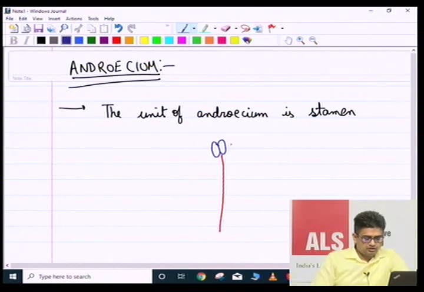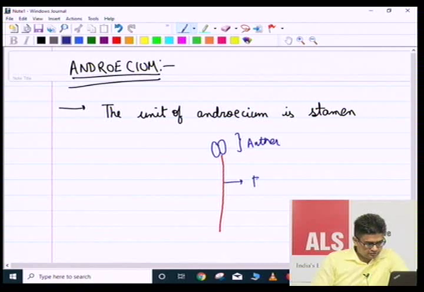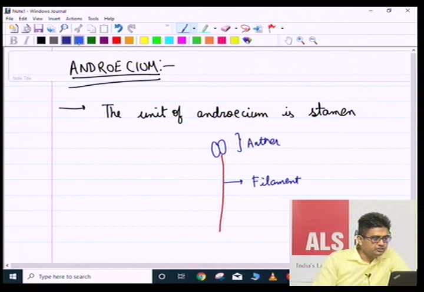You call this anther, and you call this filament. Now between the anther lobes is another thing called a connective. Connective joins the 2 anther lobes together.